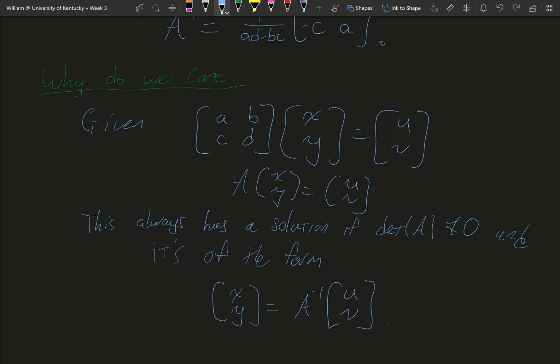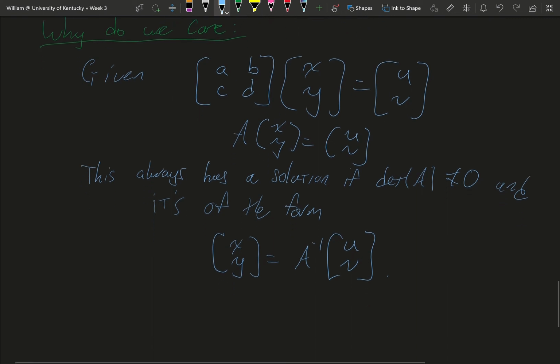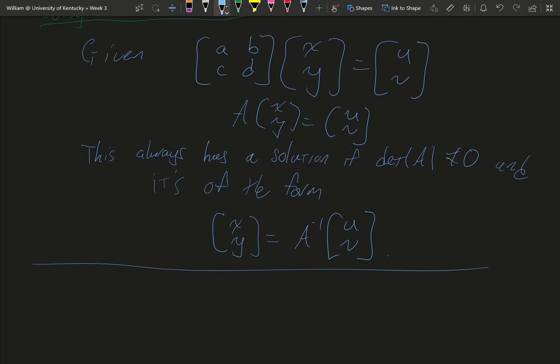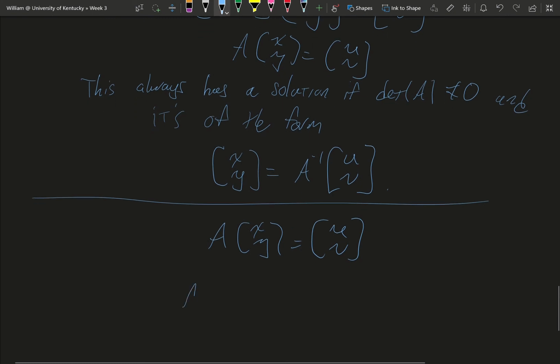So essentially, you can think of this inverse as sort of dividing by A. So really what we're doing here is, if A inverse exists, so if we have some equation, A times x y equals u v, if A inverse exists, then we just multiply A inverse to both sides.